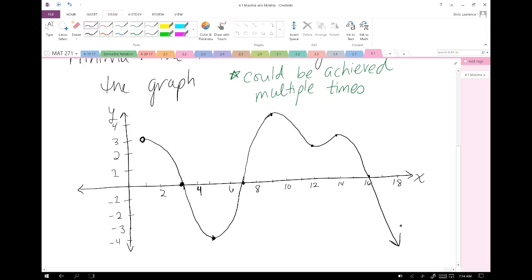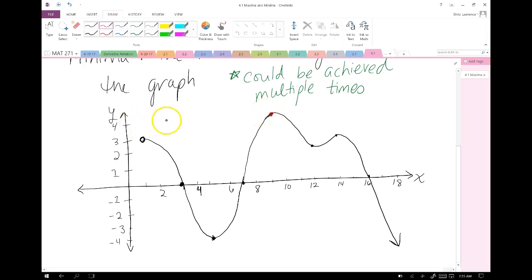Okay, so we're going to start off with the absolute highest point on the graph. And that is at 9, 4. There is no other point that goes higher than that. There's no other point on this graph that has a y value that's bigger than 4.